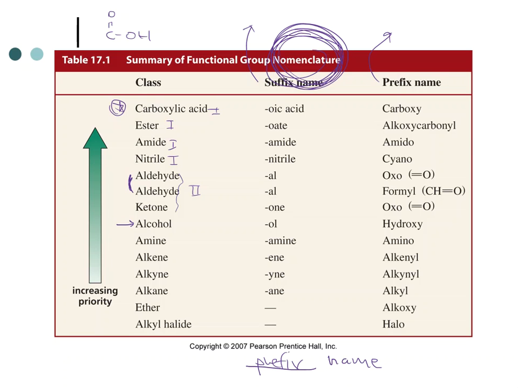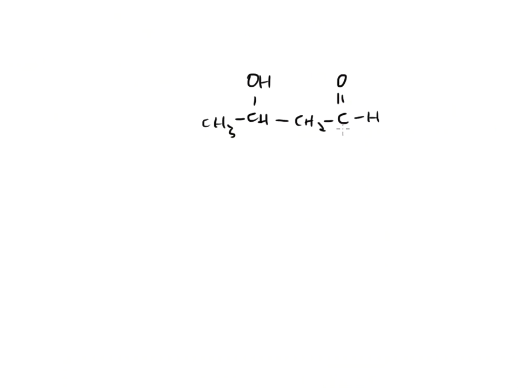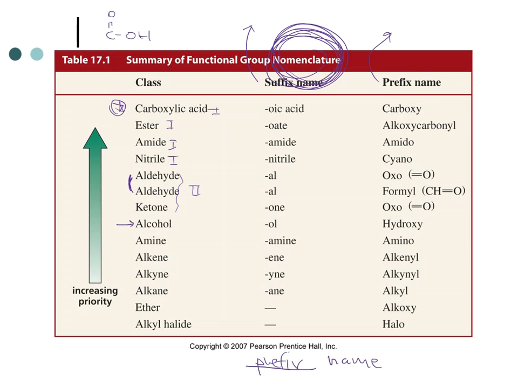So the aldehyde comes first, which means that this particular carbon, this right there, that's the priority carbon. All right, so if that is the priority carbon, then the alcohol group we have to name. And if the alcohol group is not the priority, this is what we name that alcohol group as.